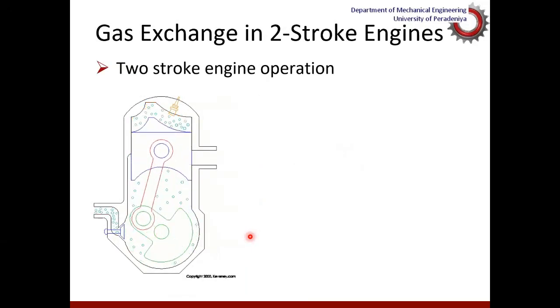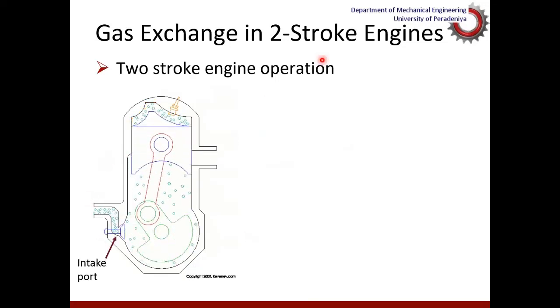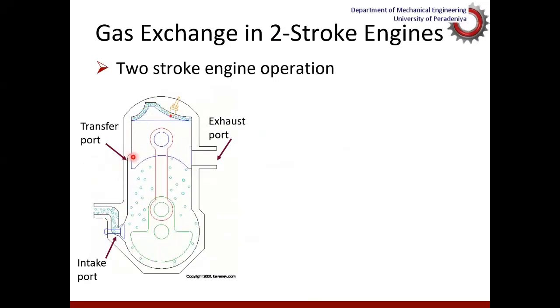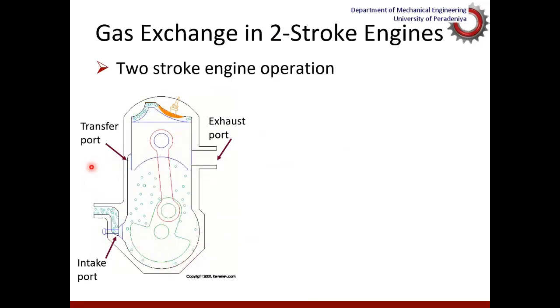And finally, if you move on to 2-stroke engines, we all know the operation of 2-stroke engines. Basically, we have the intake port down here and the exhaust port up here. And there's a transfer of intake gas from the crankcase to the combustion chamber or the cylinder.